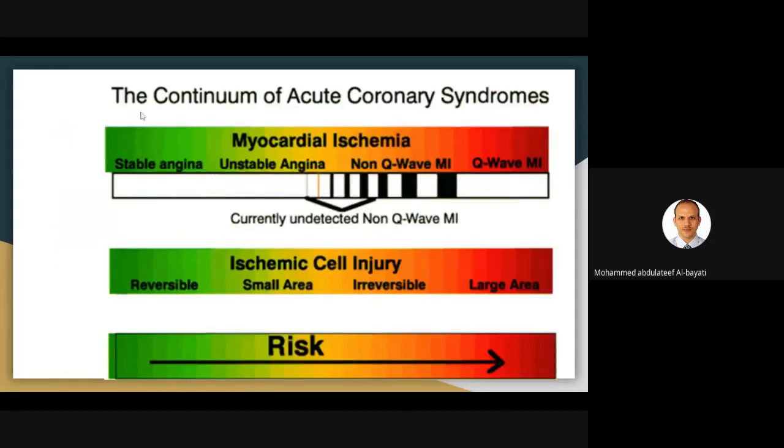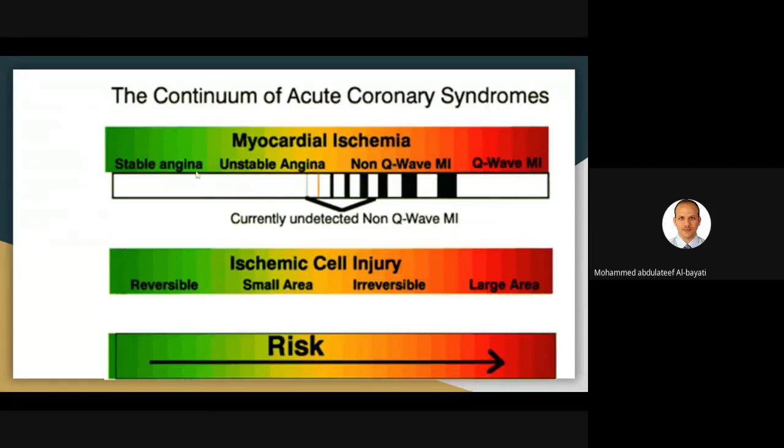If we look at this image, the continuum of acute coronary syndromes ranges from stable angina, unstable angina, non-Q wave MI, and Q wave MI.